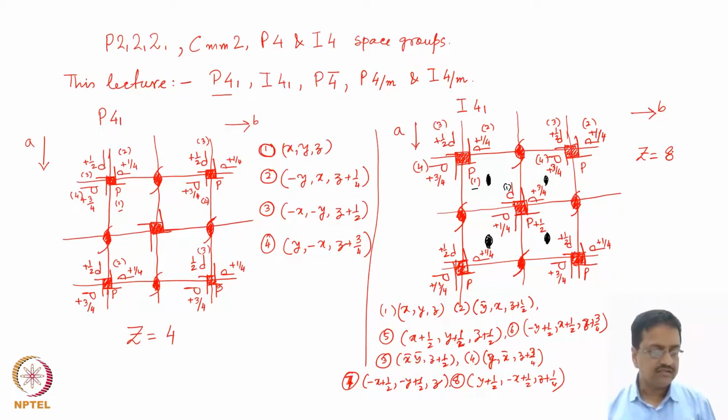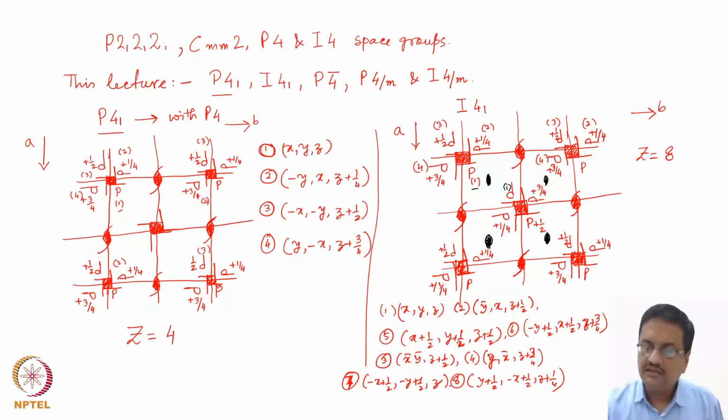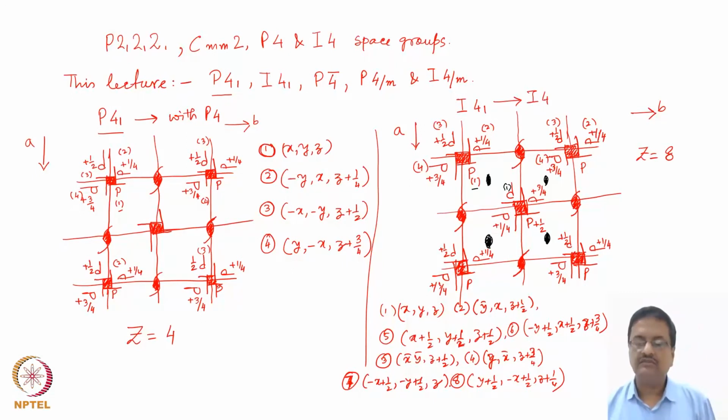So now what I would ask you to do yourself is to compare the stereographic projection of P41 with P4, which was done in the previous lecture, and I41 with I4, which was also done in the previous lecture, and try to understand the differences or additional symmetry elements that are associated with P41 and I41 compared to the P4 and I4 space groups.